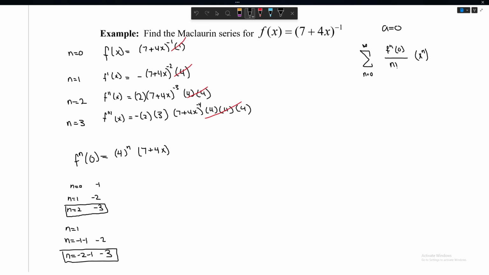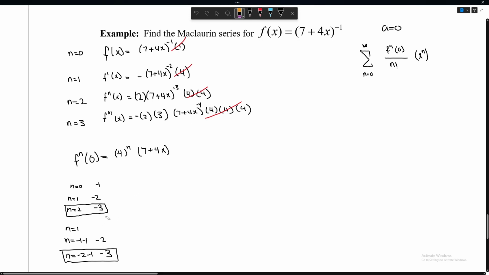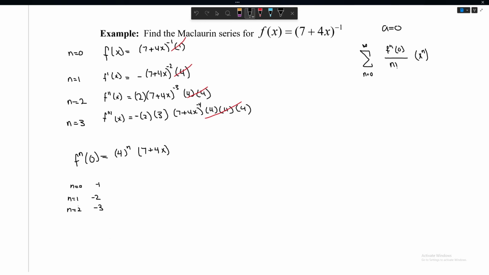And so what I could say is, this is the same thing as saying, depends on how your brain works. My brain works this way that I just showed you. The other way you could do it is if you do n of 1 plus 1, and then you turn the whole thing negative, you get negative 2. And if you take n at 2 plus 1, and you turn it negative, you get negative 3. Right?